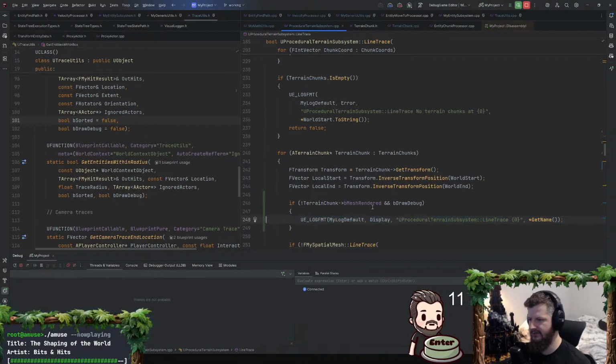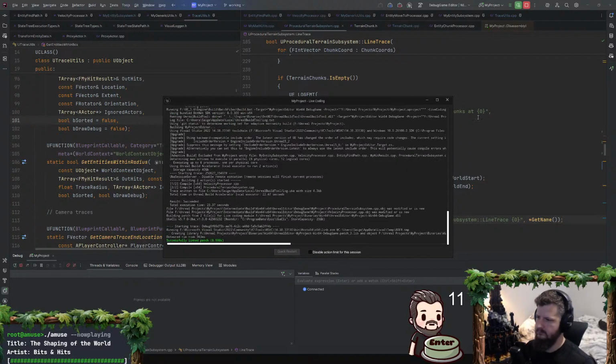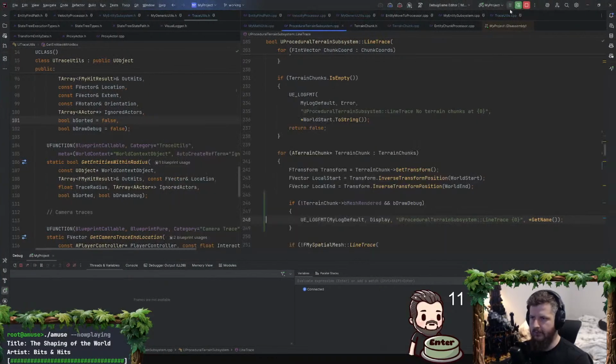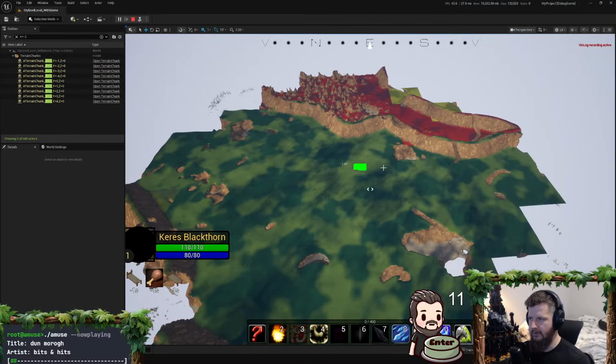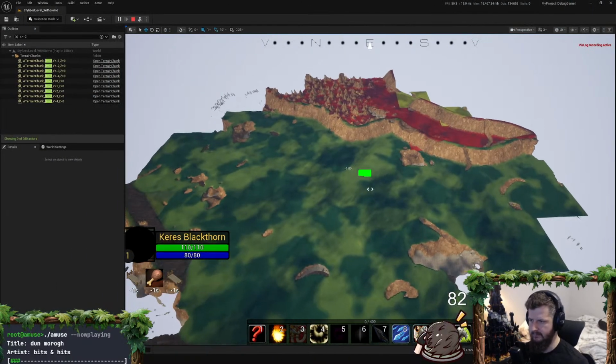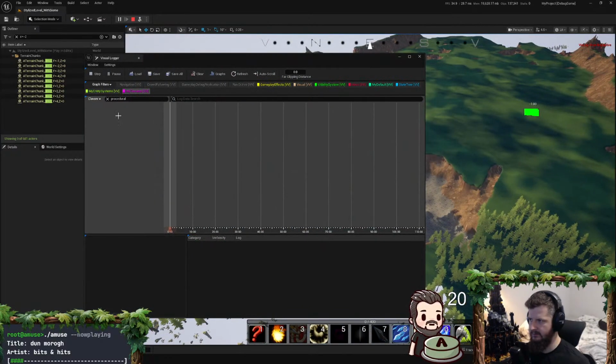Oh my god, there's so much async stuff happening right now. We're gonna have to wait for this to get patched in. Okay, pause. Okay, we got it set up. Are we spawning things yet?